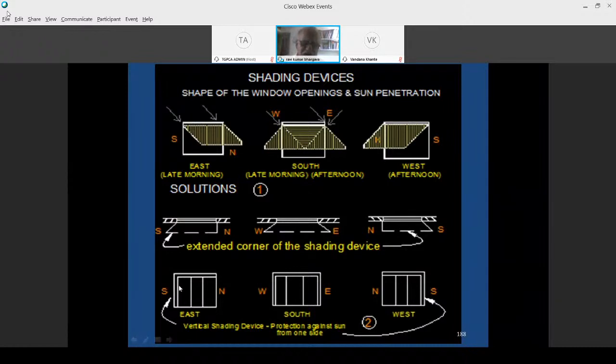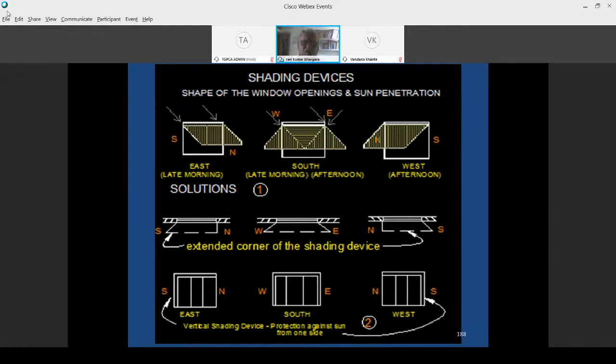Otherwise, you have another option. Provide vertical shading devices. You will need vertical shading devices on both sides for the southern face. For the east side, vertical shading devices are to be provided towards south. For the west side, again a vertical shading device is to be provided towards south.